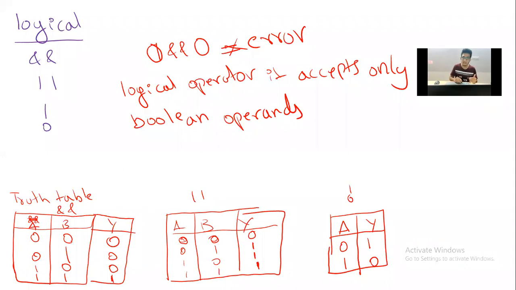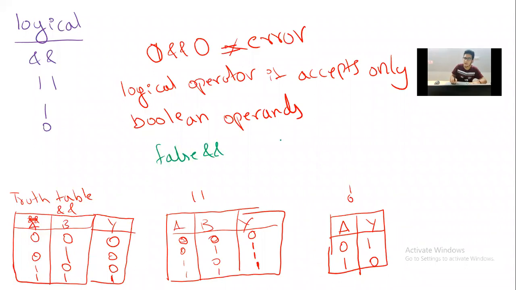Here I have written 0, 0 only for you to understand the truth table. What you have to understand is wherever there is 0, it is false, and wherever there is 1, it is true. That is how you have to understand. The correct example which I have to give is like this: false and false.